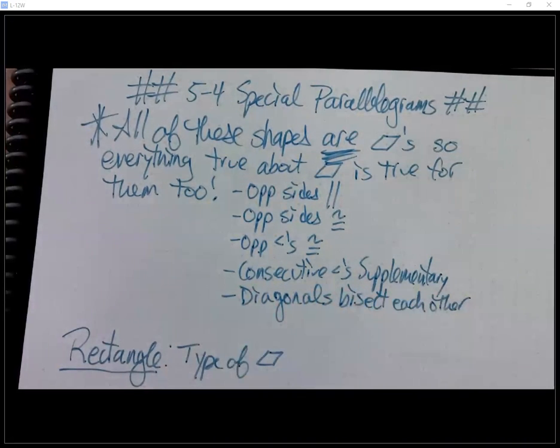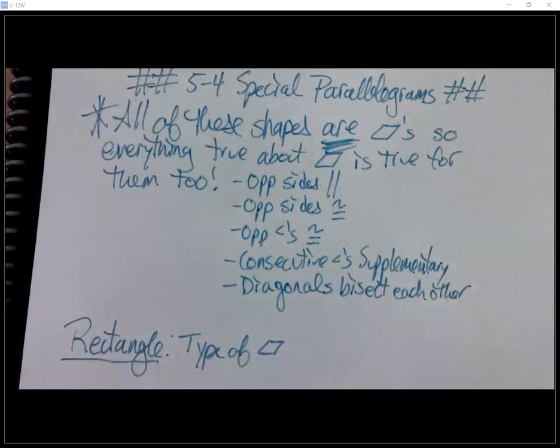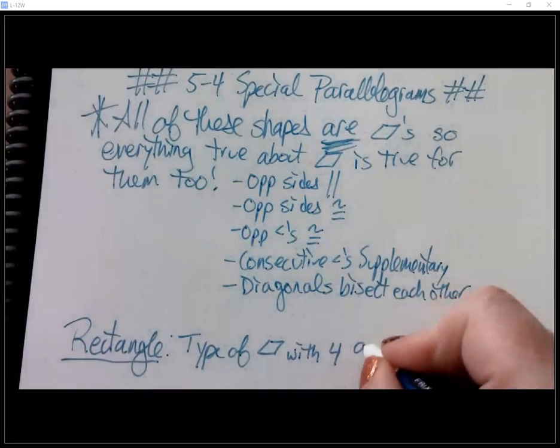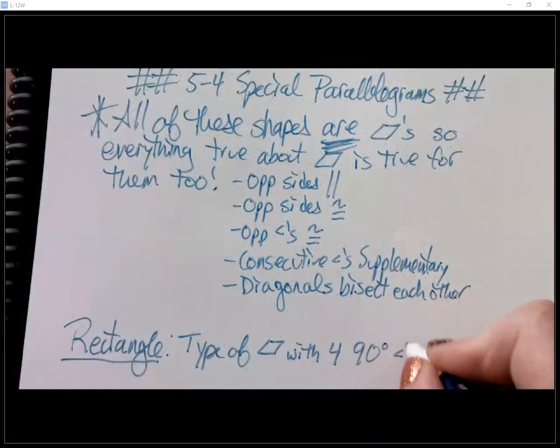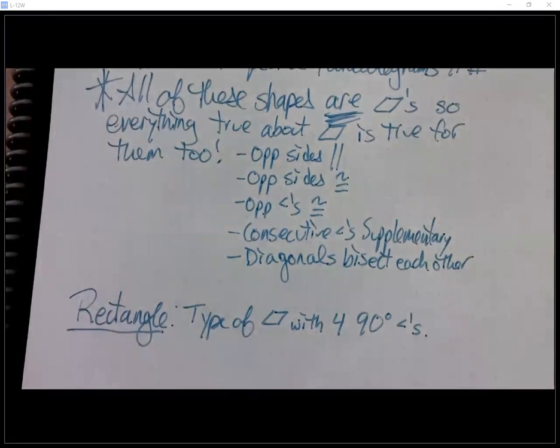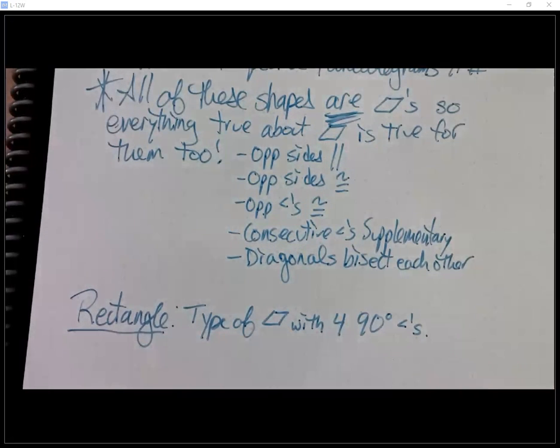So it's a type of parallelogram with 4 90-degree angles. That's all you need to be a rectangle. Give me 4 90-degree angles inside a quadrilateral and boom, you have a rectangle.